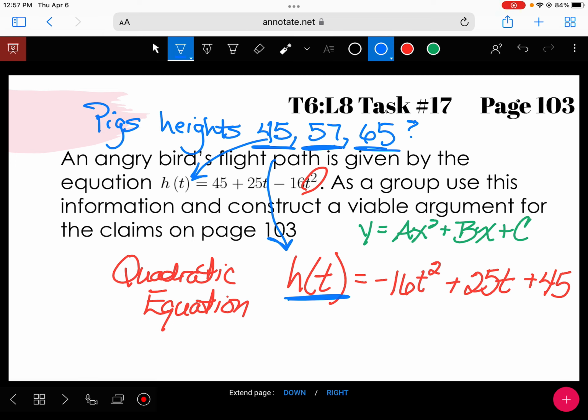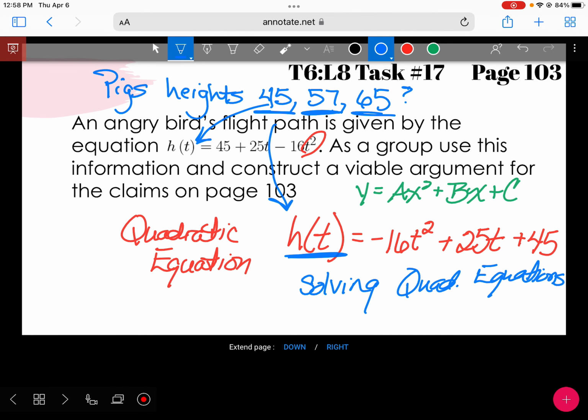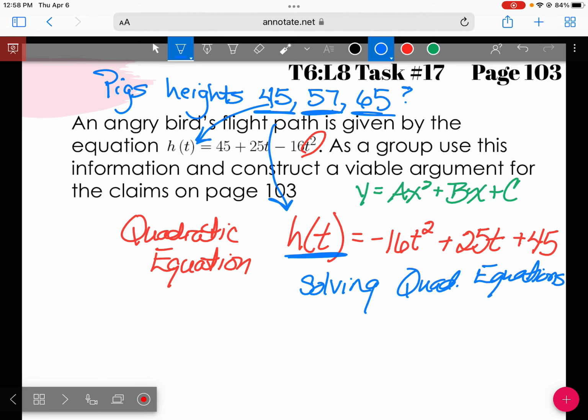So basically, what are we doing? We are solving these quadratic equations. Okay? Now, just to help get you started, if we were to try to solve this, what do we have to know and do first? Let's talk about some basics. What do we have to know and do first when you start to solve a quadratic equation?